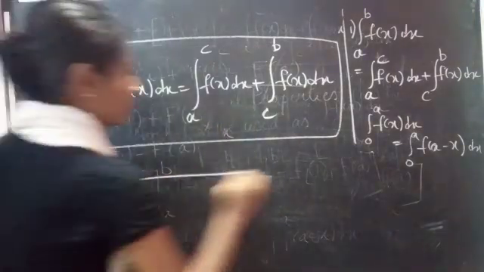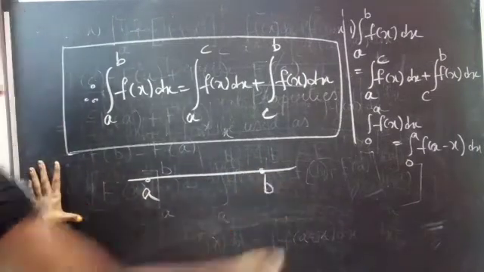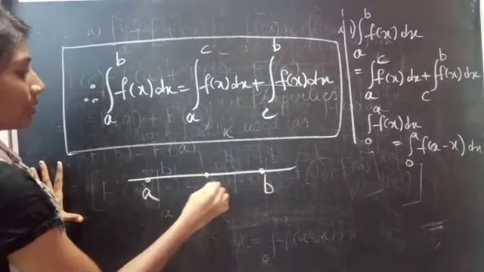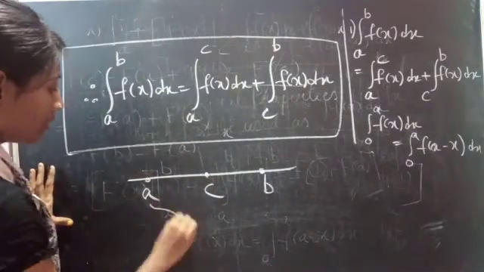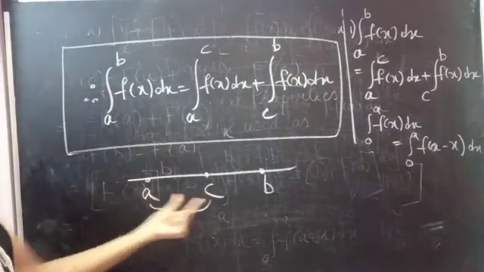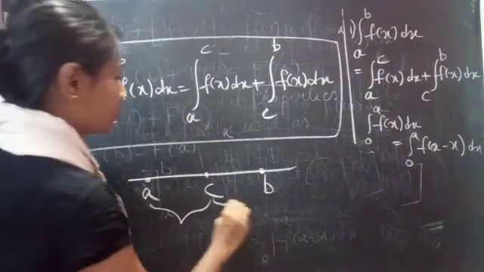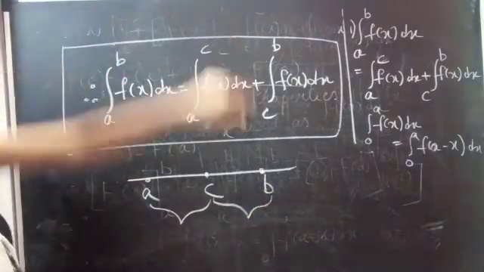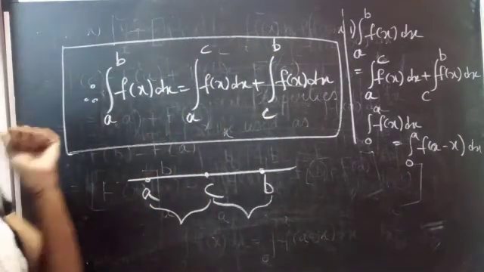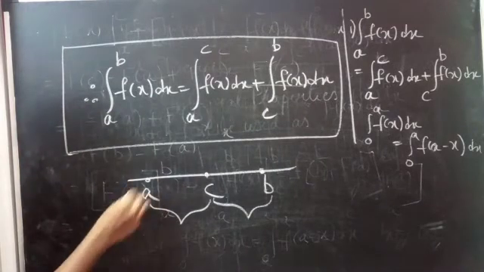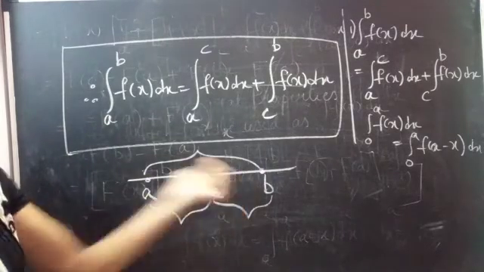If you consider a real line and c is a point between a and b, the first integral exists between a and c, with lower limit a and upper limit c, and the second integral is between c and b, lower limit c, upper limit b. So you're splitting the integral over a to b into a to c and c to b.